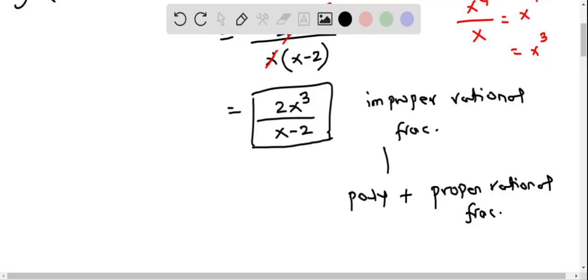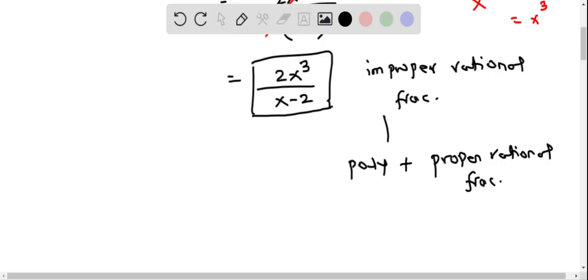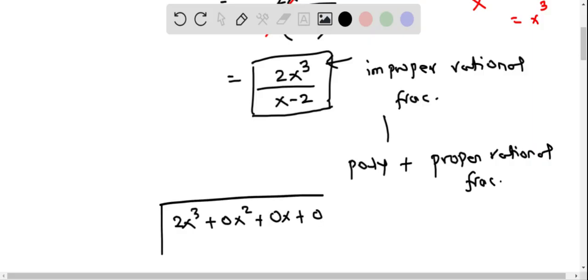So let's do the long division. First, I put the numerator expression, 2x^3, in the form 2x^3 plus 0x^2 plus 0x plus 0. The constant is 0. And this has to be divided by the divisor x minus 2.